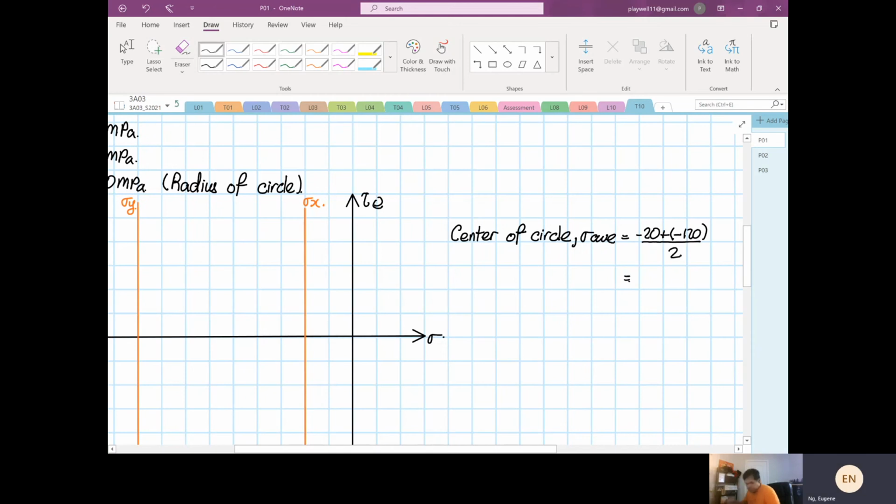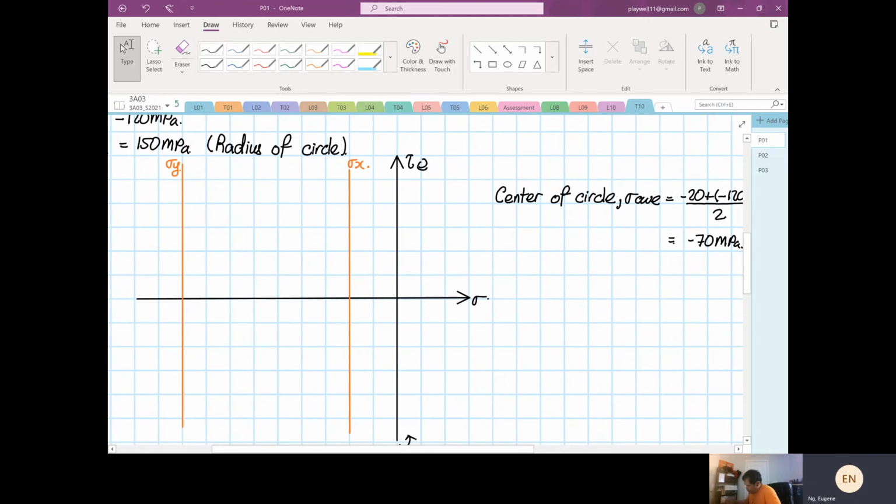So this will be equal to minus 70 megapascal. So that's our average stress, which is also the center of our circle.